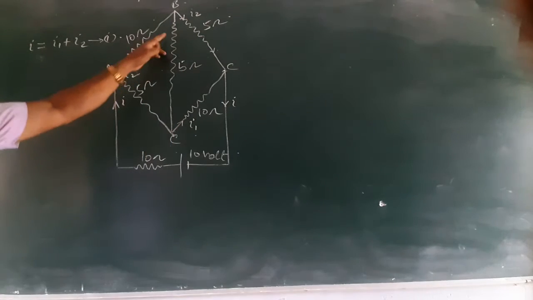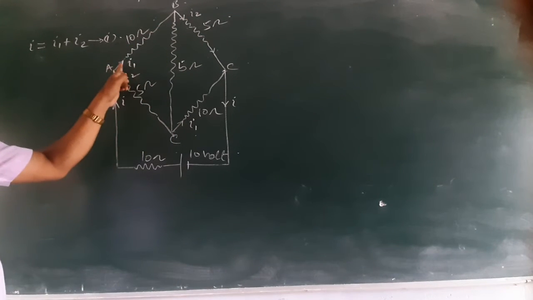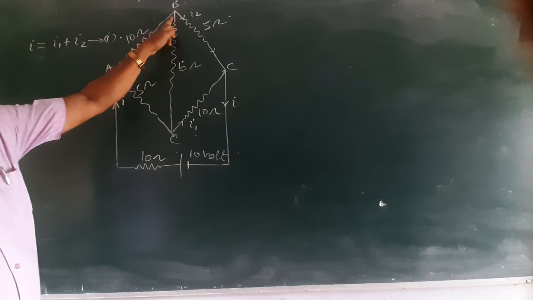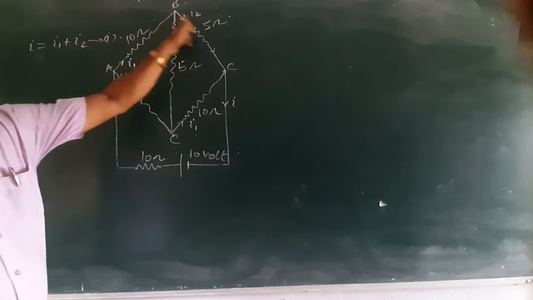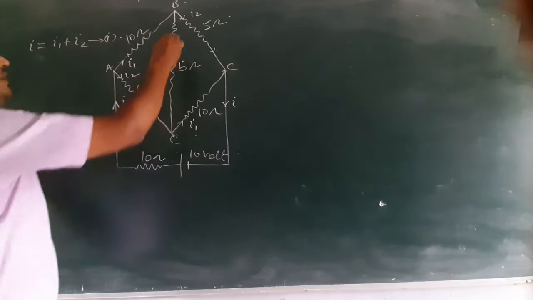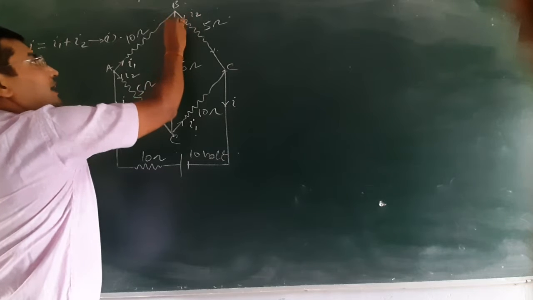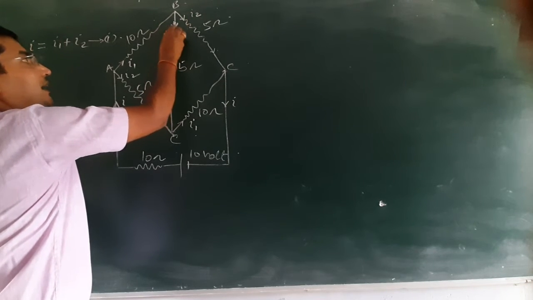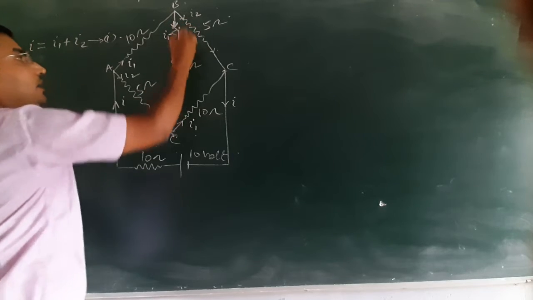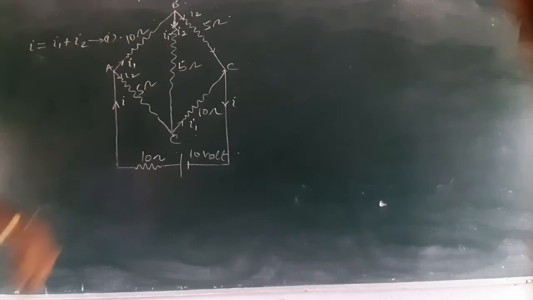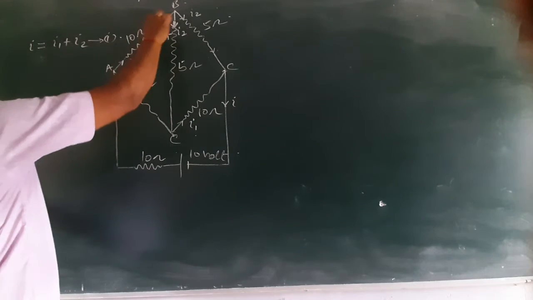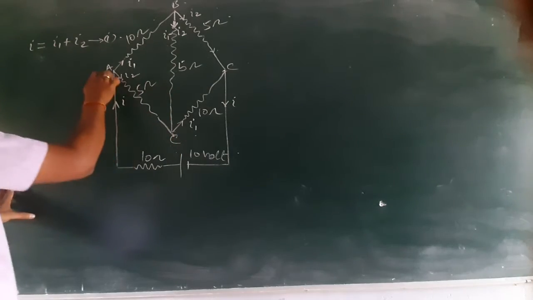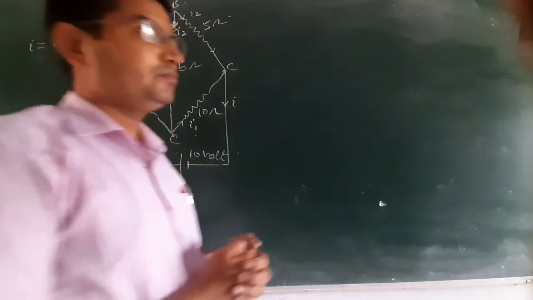Now, what will happen to this point? In this resistance, if I1 current is incoming and I2 goes in this branch, then the rest current, that is I1 minus I2 current, will flow in this branch. Now, you can see A, B, C, A is a closed loop.